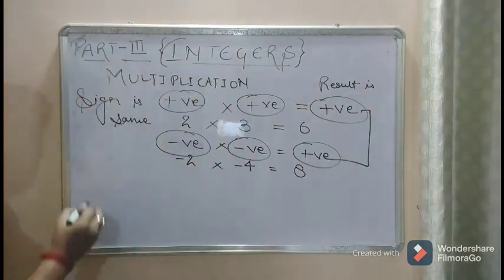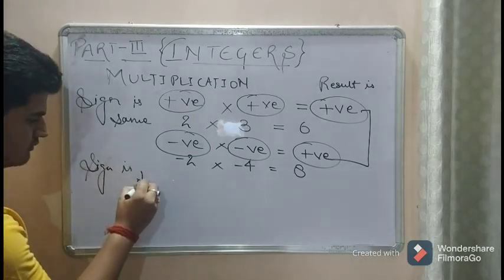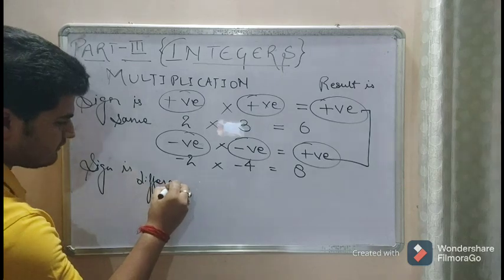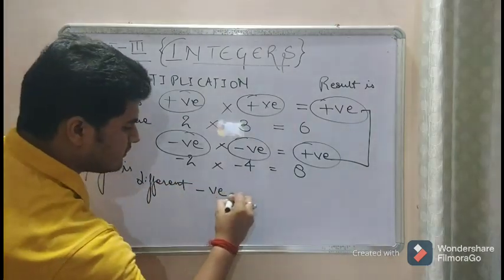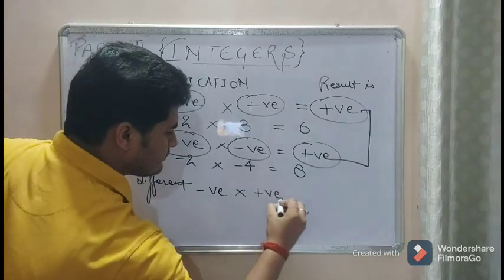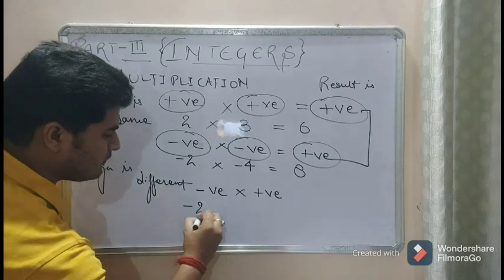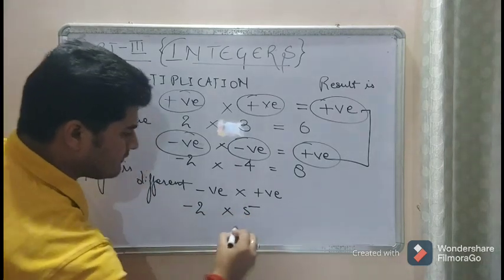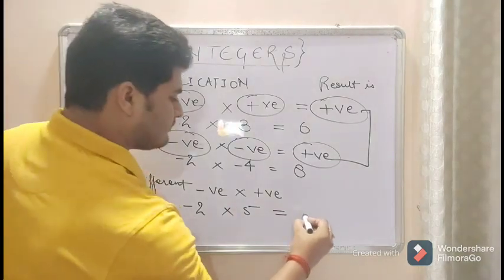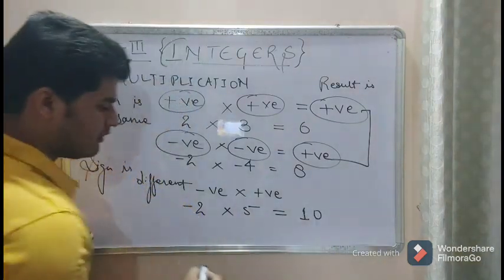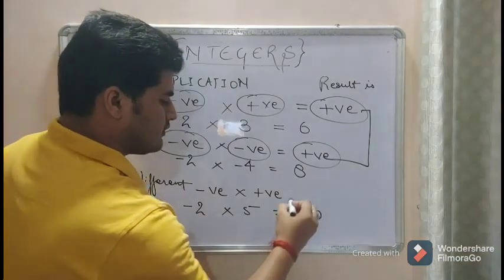But if the sign is different, like one number is negative and the other one is positive, like if one number is minus 2 and the other number is 5, what will be the outcome? 2 into 5 will give you 10, but minus into plus will give you minus.